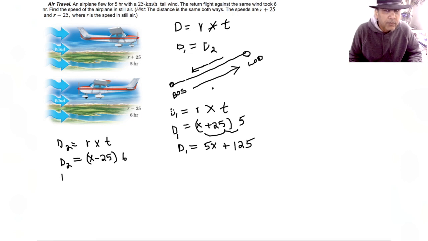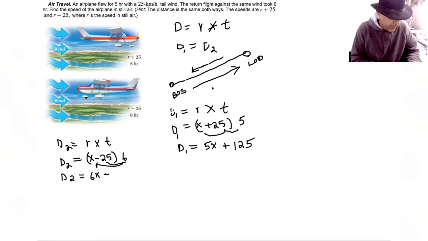It took us 6 hours. So let's calculate D2. I'm gonna distribute 6 inside here. This is gonna be 6x minus 25 times 6, which is 150. So that's my D2.